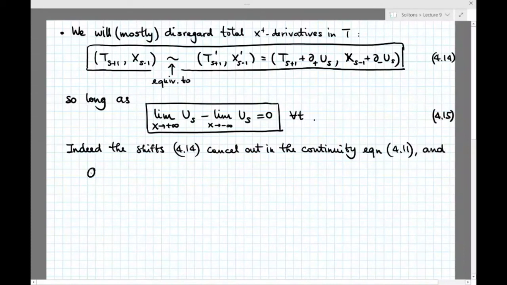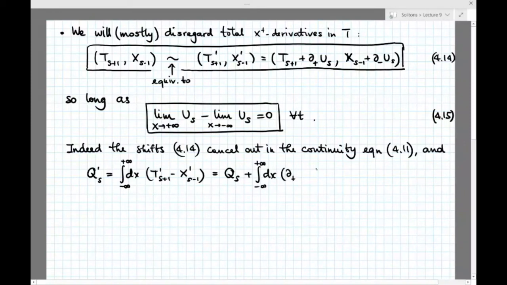And if you calculate the charge Q prime s using the new or primed densities, let's say integral over x of T prime minus X prime, this is equal to integral over x of T minus X, which gives Q_s, plus a correction term related to the shift, integral over x from minus to plus infinity of d plus U_s minus d minus U_s.